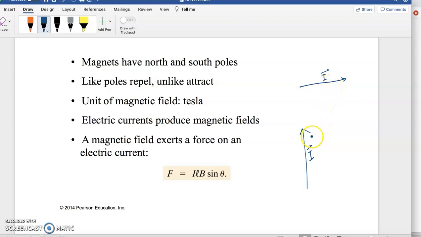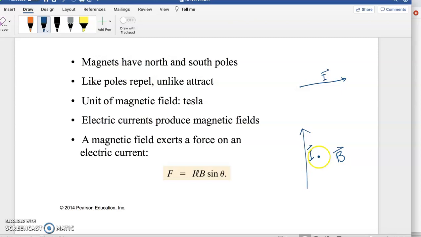Now, because of the presence of the magnetic field around this wire, if we have a wire with electric current, the passing of the electric current creates a magnetic field, which is B. Because of the presence of the magnetic field around the current, there will be a magnetic force on that current.